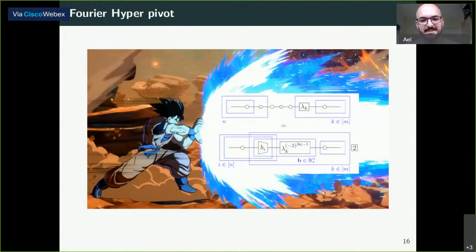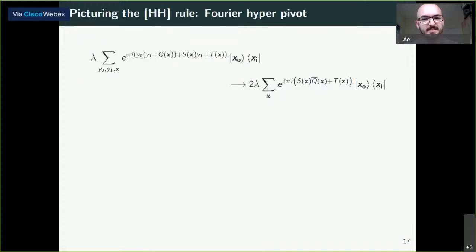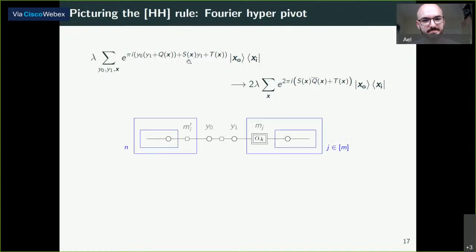And so for some detail in the real, in the complete HH rule, here S and T are any real polynomial.